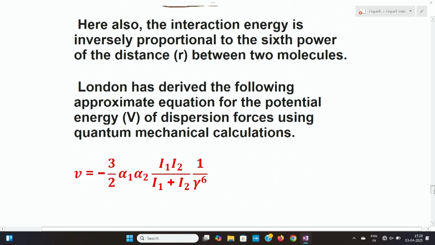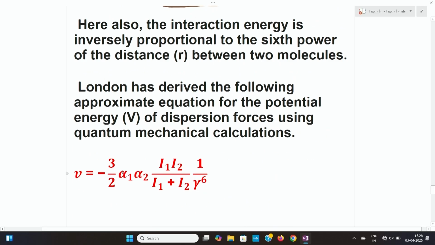So the actual magnitude of these forces depends upon the polarizability of the atoms or molecules.